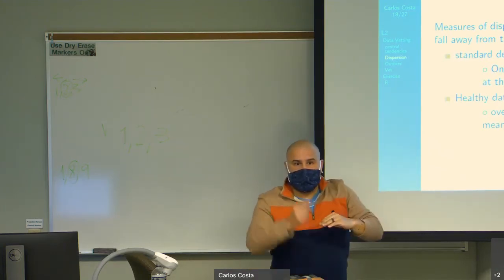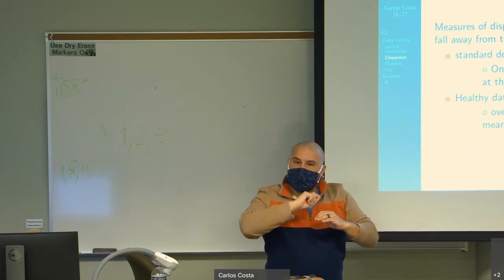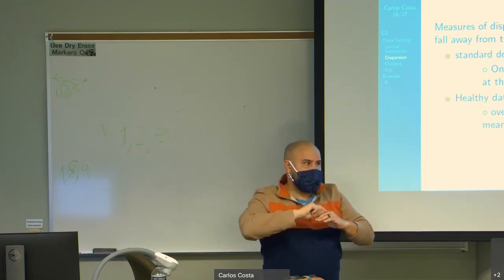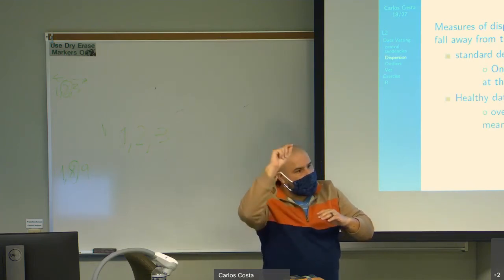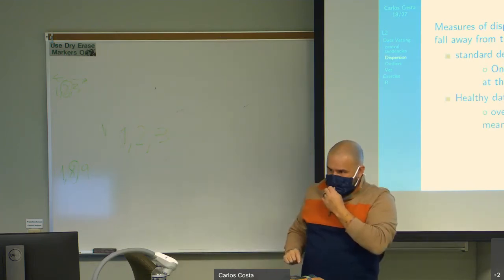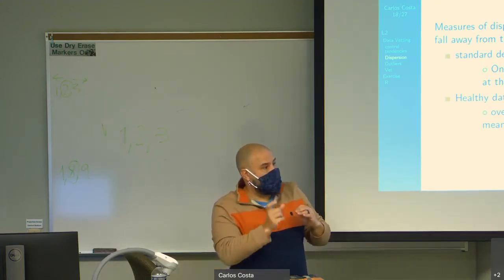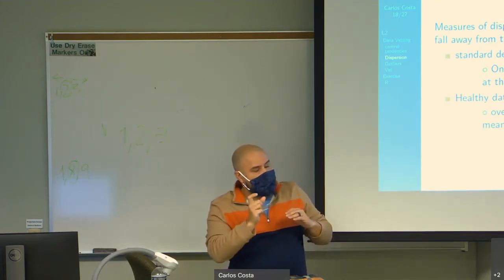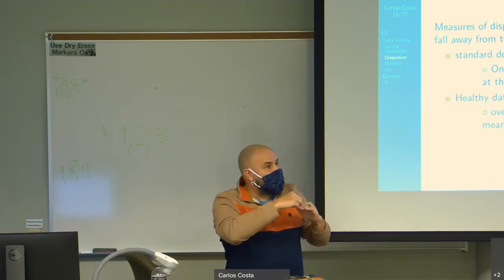I got 10. The first observation was 12, so I'm 2 points away from 10. The second observation is 9, I am 1 point away from 10. The third observation is 13, I'm 3 points away from 10. And I do that for every single observation. So now I have quantification of how far each point falls away from the average.